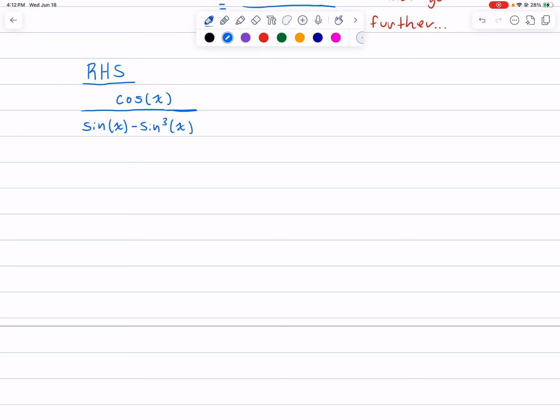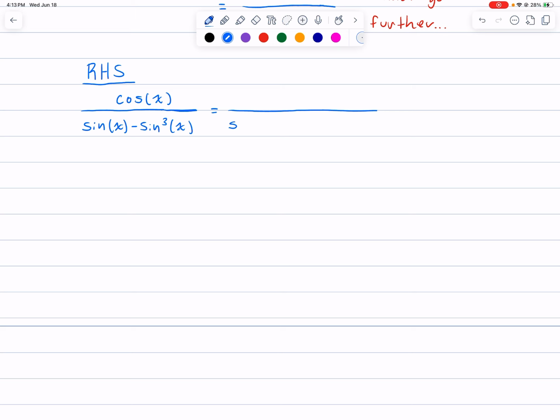The first thing I see when I look at this is that my denominator right here, it looks like I can factor out a sine. So let's factor out a sine in our denominator.